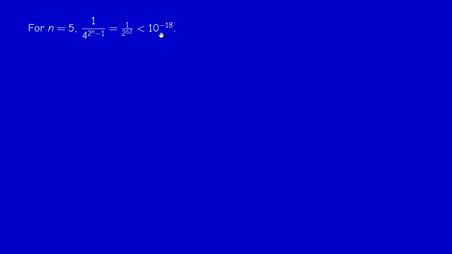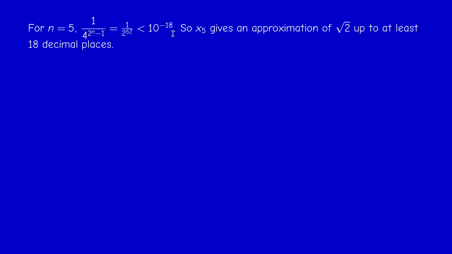So a billion is 10 to the power minus 9, times itself. So I know that 1 over 2 to the 62 is less than 10 to the power minus 18. So in principle, if all operations are done correctly with an infinite precision, which is not always the case actually, I know that x5 is an approximation of radical 2 up to 18 decimal places.